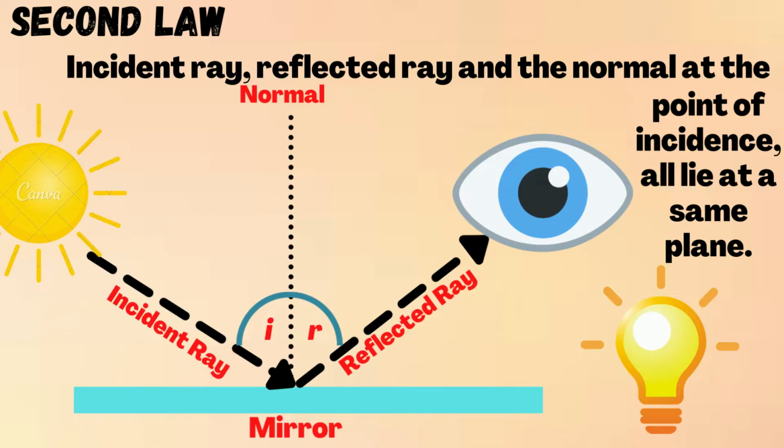Point of incidence is the meeting point where incident ray, reflected ray, and normal meet. So you can just imagine which is that point of incidence. Now you can see that these all lie at the same plane. So like here the plane is mirror.